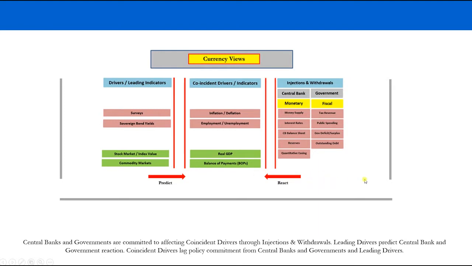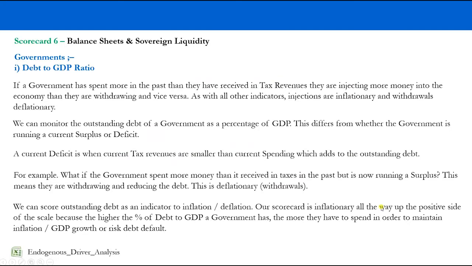We have reaction to both leading indicators and coincident indicators coming from the right-hand side in the form of injections and withdrawals from the central bank and the government. And right now, we're going to be gauging what they're actually doing, rather than using this data in an attempt to predict what they may do. So this becomes a big check on the right-hand side to what we're looking at on the left-hand side and in the middle of our overall macroeconomic variables.